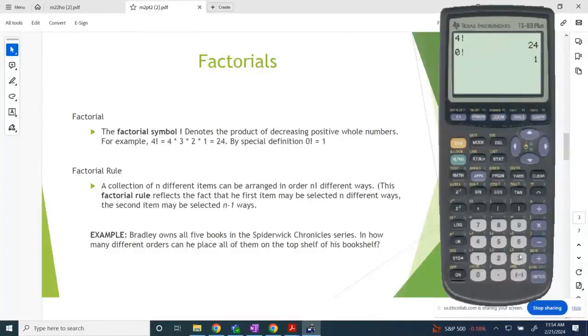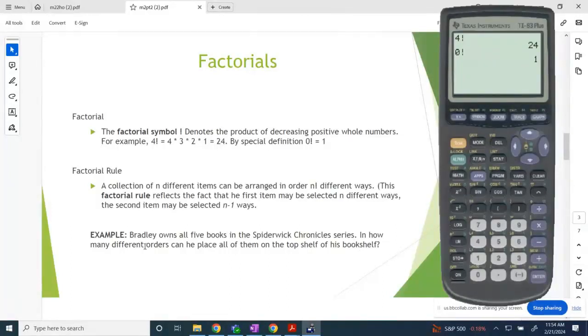Now, we don't really use factorials per se, but there is an example that kind of illustrates the use of a factorial. And it's this example with the Spiderwick Chronicle books. It says Bradley owns all 5 books in the Spiderwick Chronicles series.